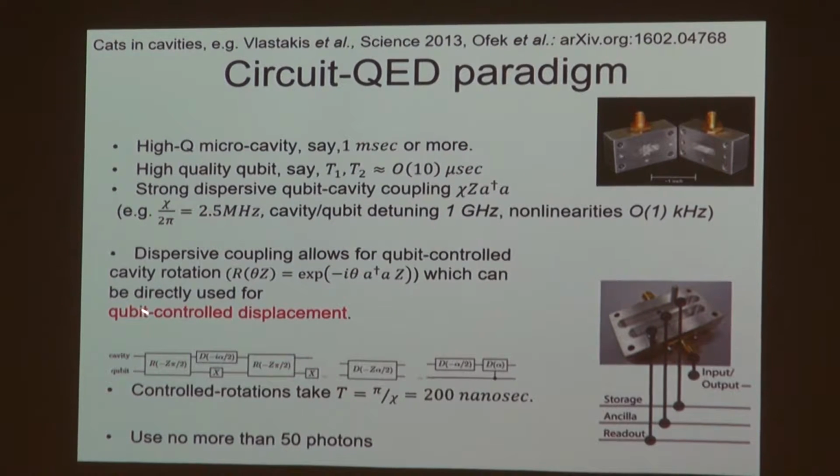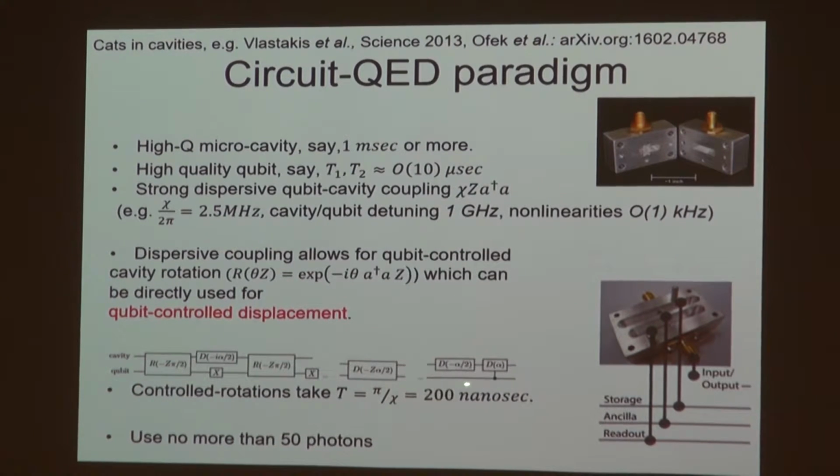Now, one thing I'd like to note is that if I have this interaction, so there's a qubit, like a transmon qubit, that's coupled to the cavity via this interaction, I can use that to do these types of rotations. So there are qubit-dependent rotations on the cavity. If the qubit's 0, you rotate this way. If the qubit's 1, you rotate that way. And you can also use that to do a qubit-controlled displacement. There are other ways to do a qubit-controlled displacement, and that's actually this little circuit.